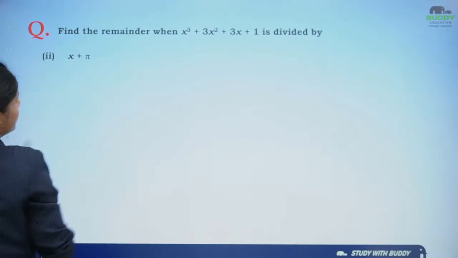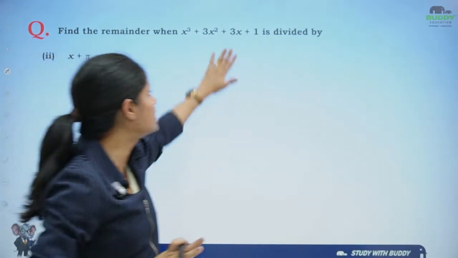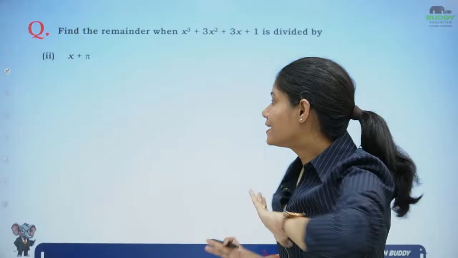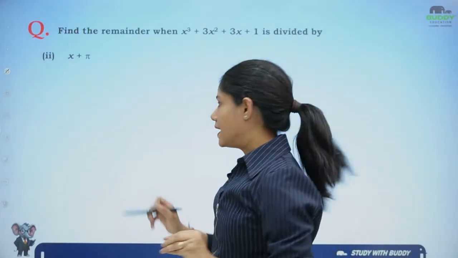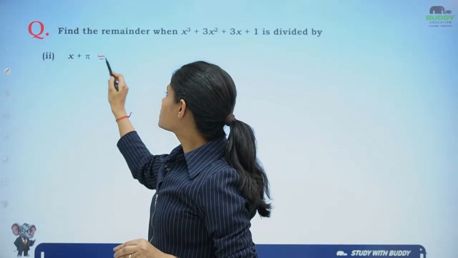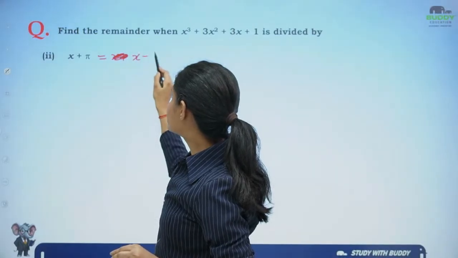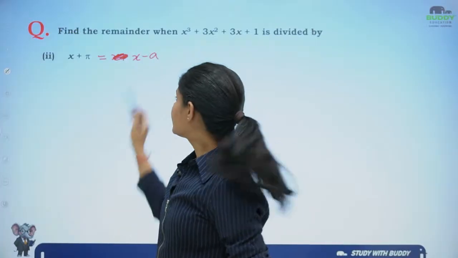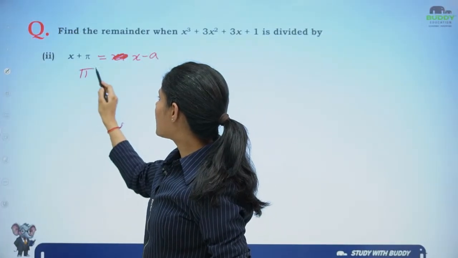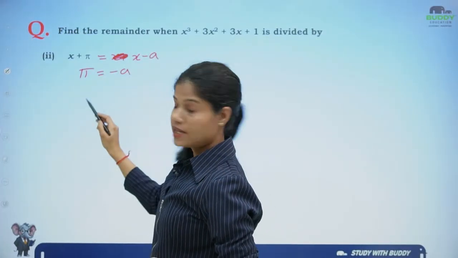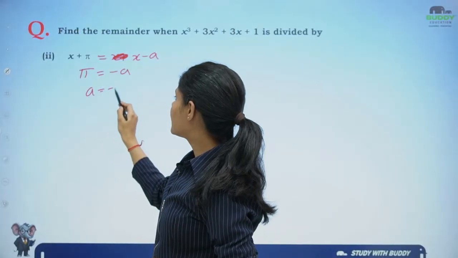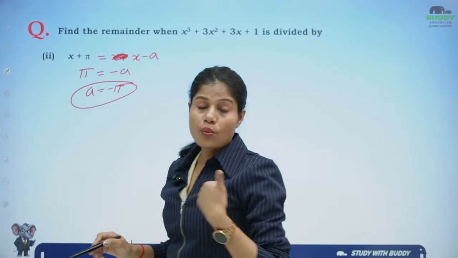Again, in this question, they are asking about the remainder when this same polynomial is divided by x plus pi. So again, we will first compare this with x minus a. In that case, pi is equal to minus a, so the value of a will be minus pi. Now, how can we find the remainder?